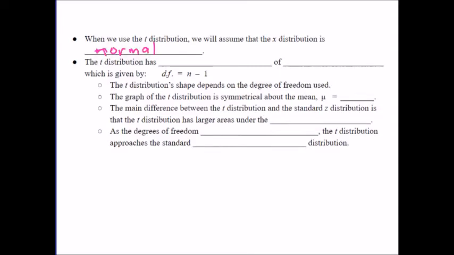Which means that if you were to make a histogram of the data, it would be symmetric about the mean and mound-shaped, approximately so. Now, the t distribution has what's called degrees of freedom, which people abbreviate by DF.